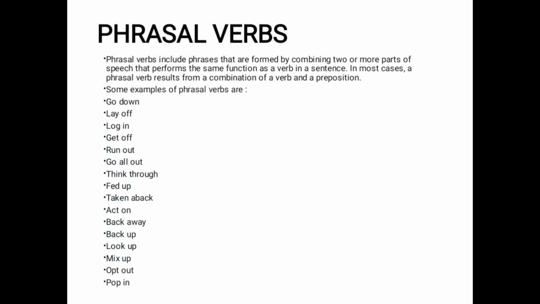Phrasal verbs. Phrasal verbs include phrases that are formed by combining two or more parts of speech that perform the same function as a verb in a sentence. In most cases, a phrasal verb results from a combination of a verb and a preposition.